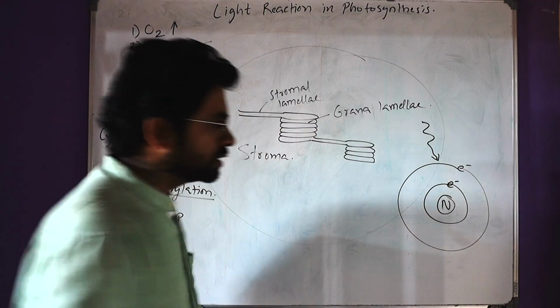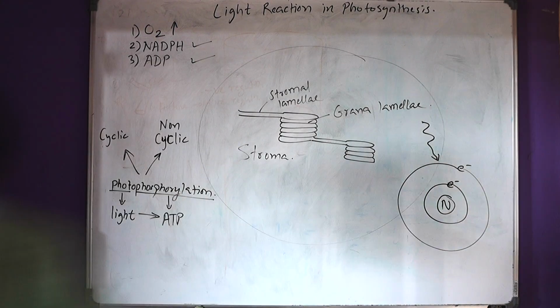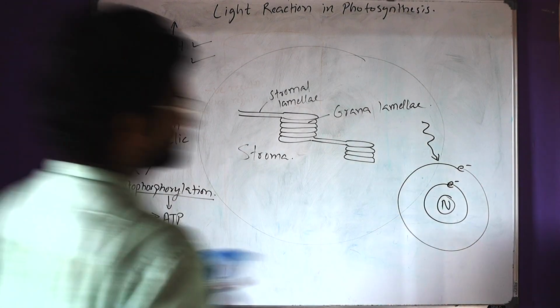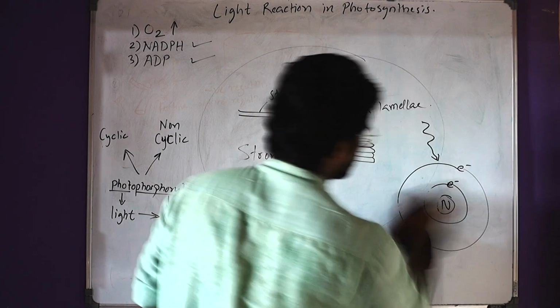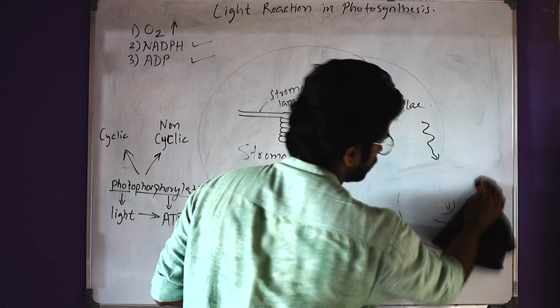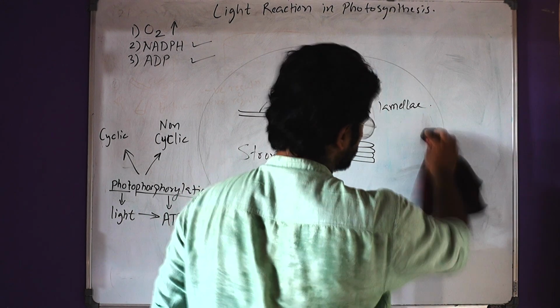So as you have seen what is ground state and excited state, I am removing this and I'll draw another diagram of quantasome for you so that you will understand what I am talking about.